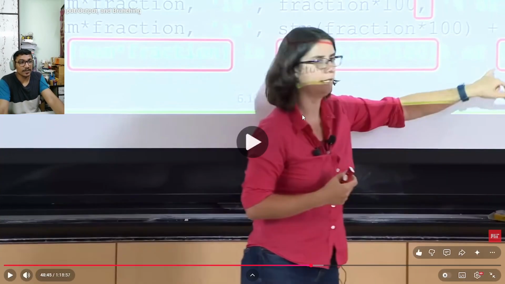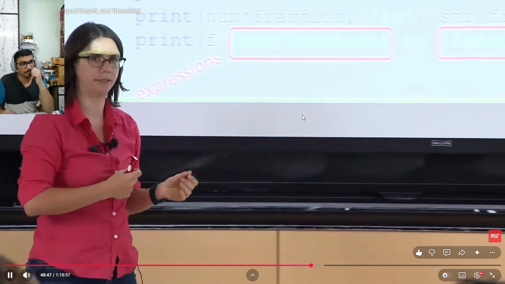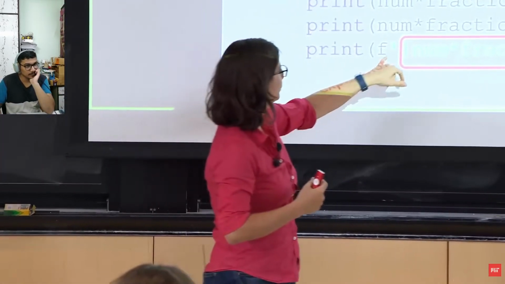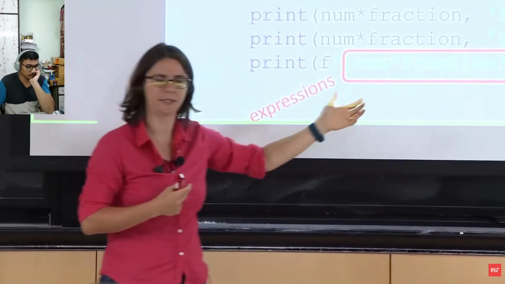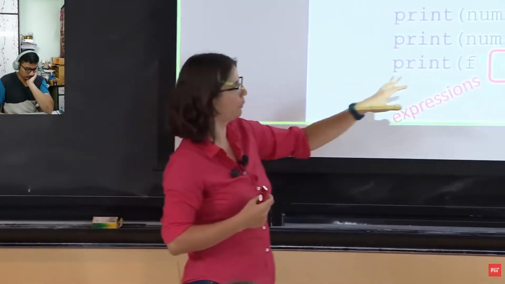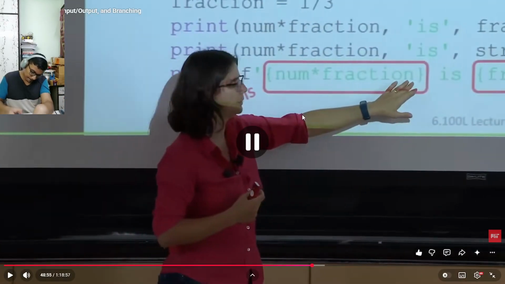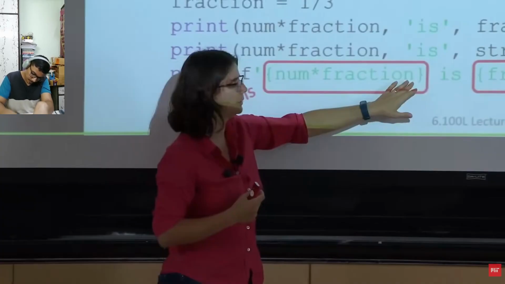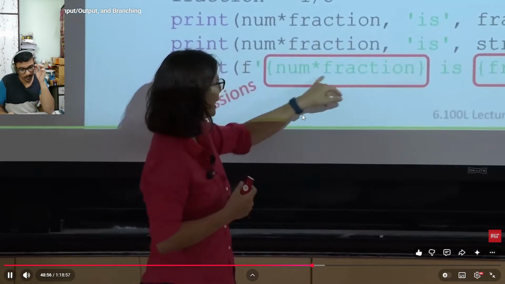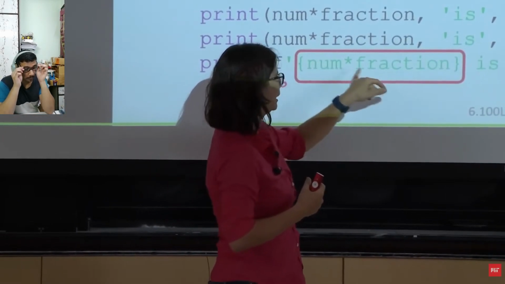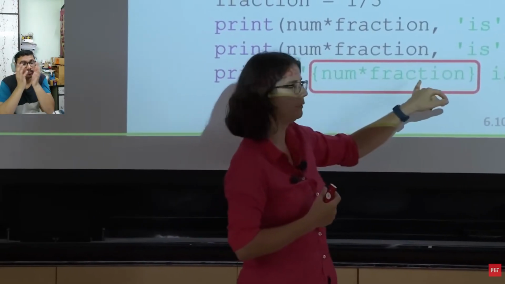Anyways. Those are all things that will literally be printed to the screen. Anything that's within a curly bracket is considered an expression in Python. And so before Python prints out the thing to the screen, it's actually going to evaluate whatever num times fraction is. And it knows these are going to be variables.